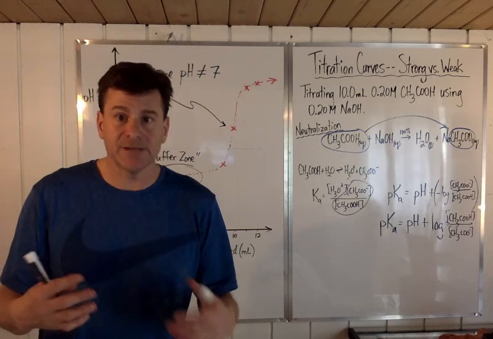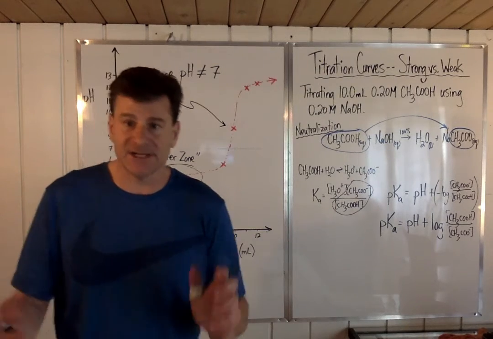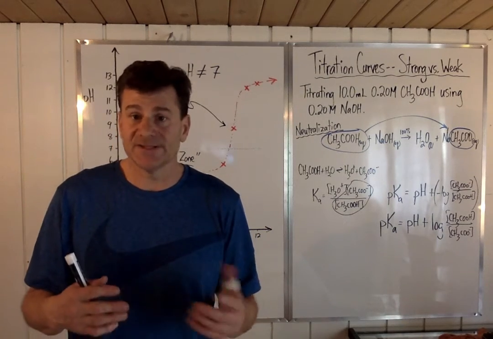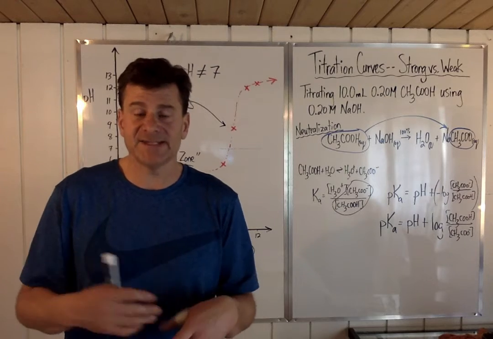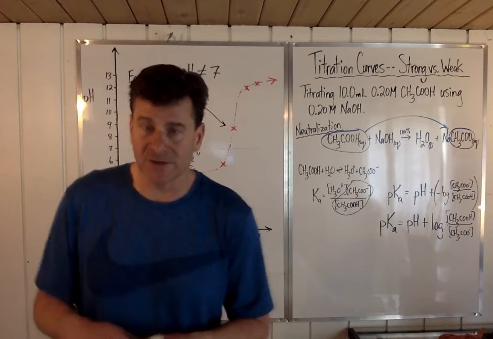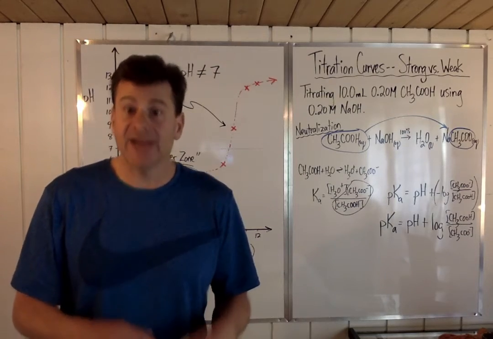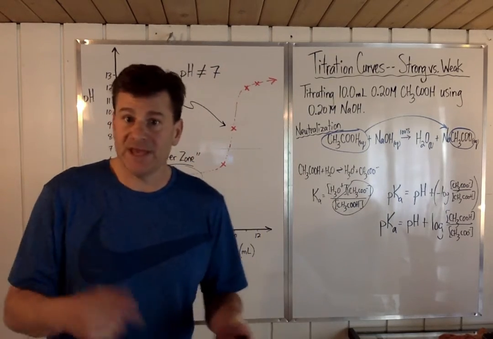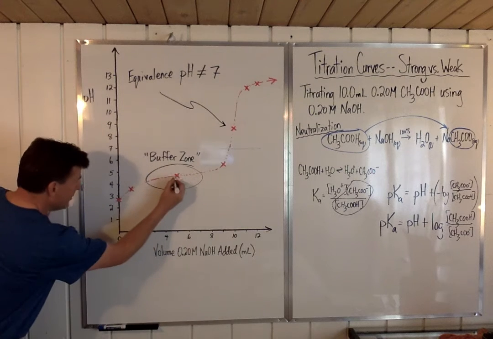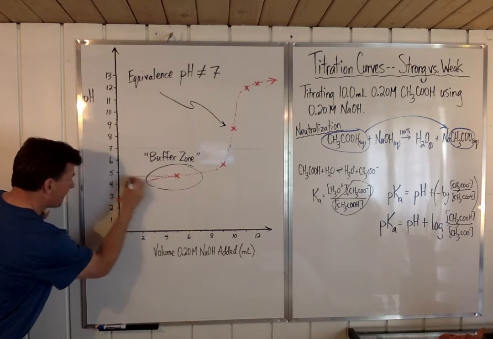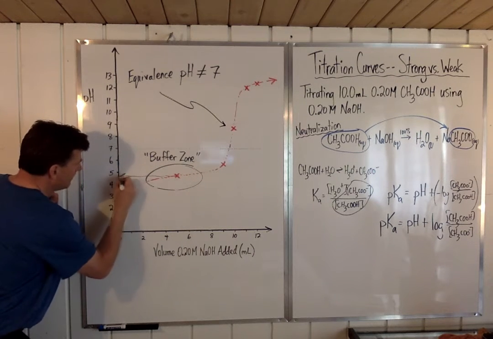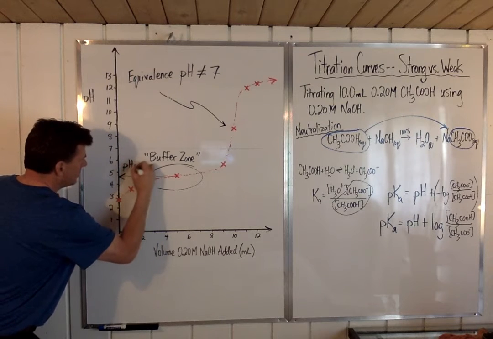It has the best ability to absorb any additional base. And so the flattest section is the middle of the buffer zone. The middle of the buffer zone is always halfway to equivalence. And it's always whatever the pH is at that moment in time. So right here, that guy right there, that's pH equals pKa.